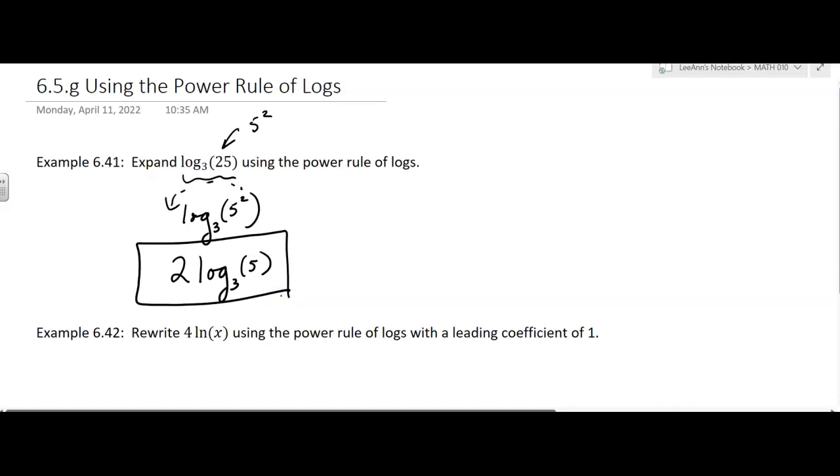So back in the old days, they used to make us use logarithm tables, and all the math books had logarithm tables at the back of the book, and you would look up according to the base. So you'd look up on the base 3 table the logarithm of 5, and it would tell you what it was, accurate to 4 decimal places. Now, I'm not that old. Well, I'm pretty old, but we had calculators, they just hadn't converted over to everybody using handheld calculators, and so we still were doing things with logarithm tables.